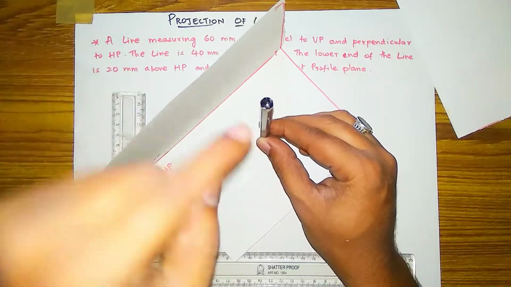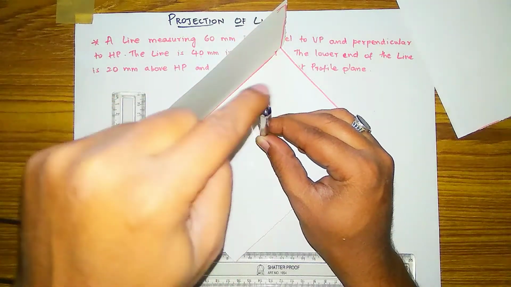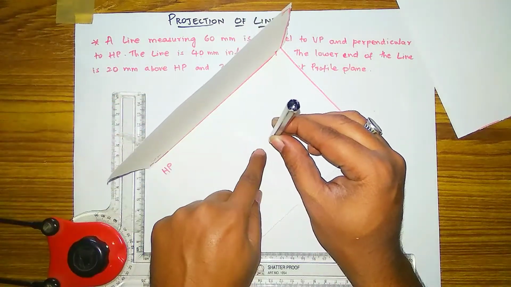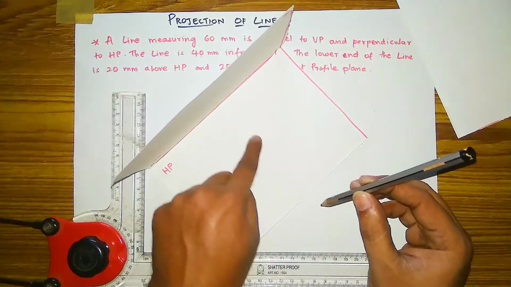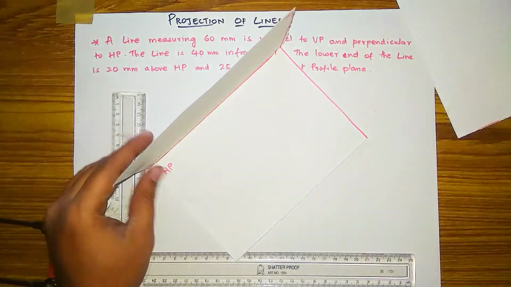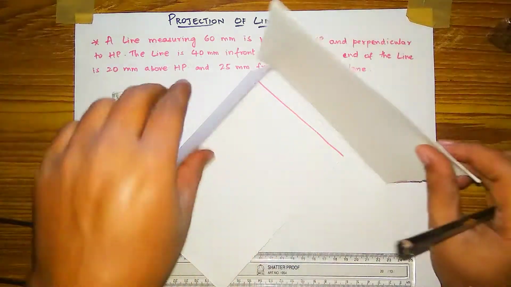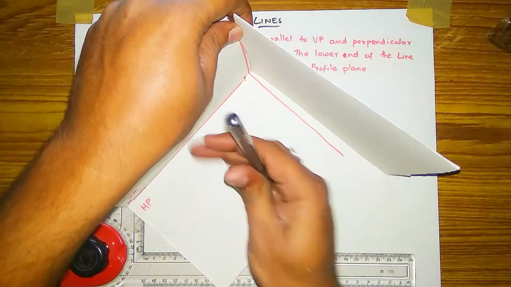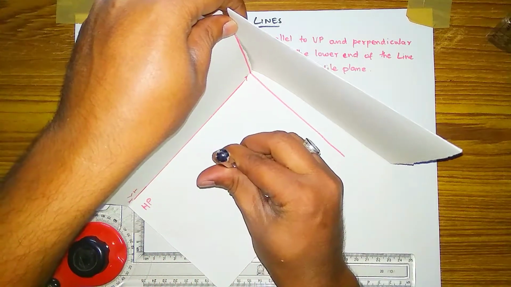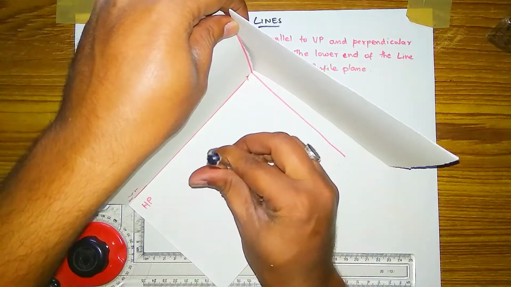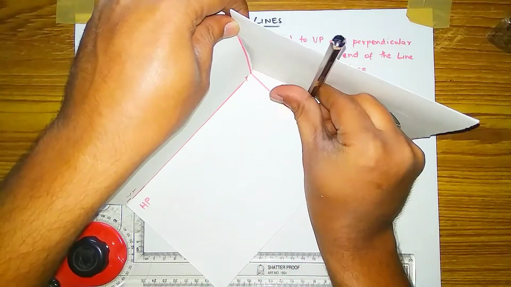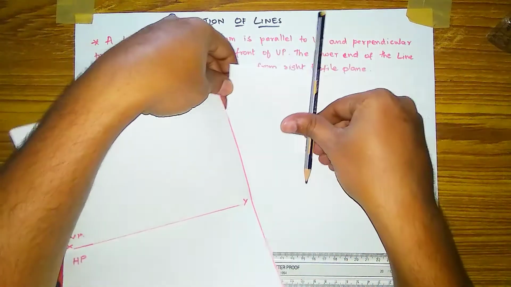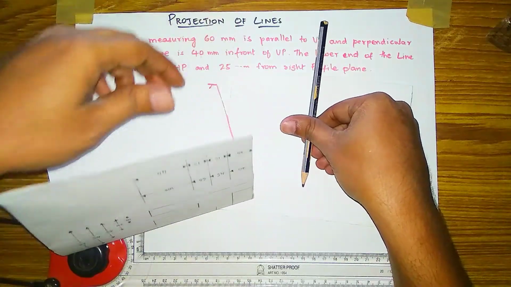If you see this pencil from the top, you will have a point, so on the top view, on the HP, you will have a point like this. And on the right profile plane, you will have the 60 mm line exactly like this.